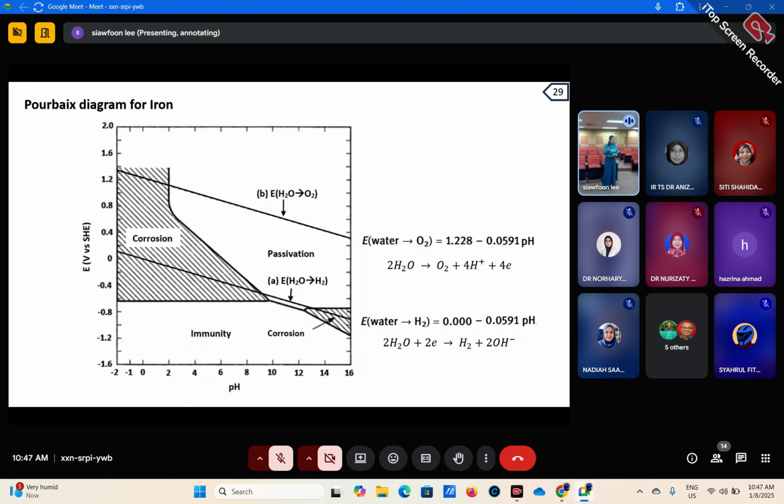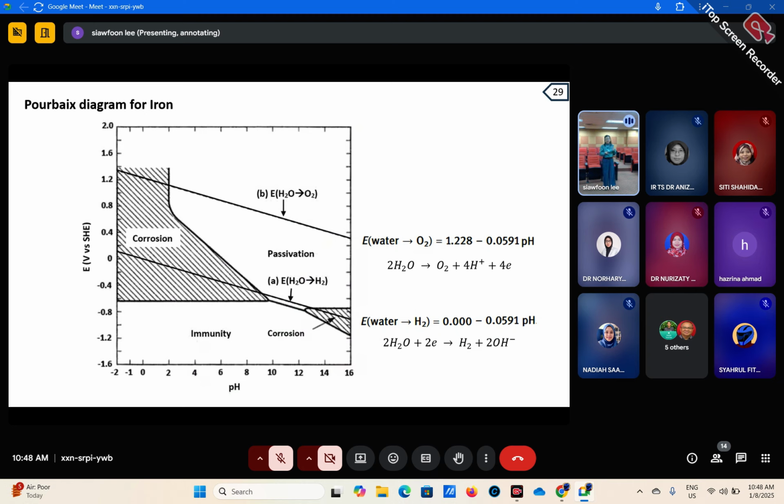So another thing which is important before I go deeper is called the Pourbaix diagram for iron. This is very important because whatever potential you apply, together with the pH of the solution that you know, you can more or less predict what is going to happen.